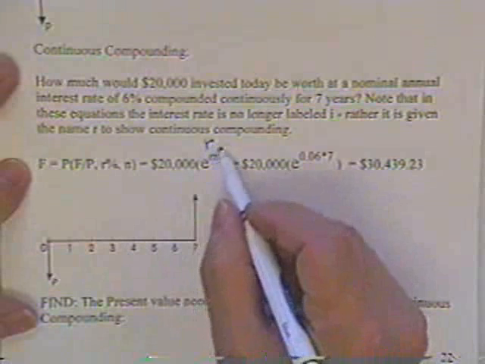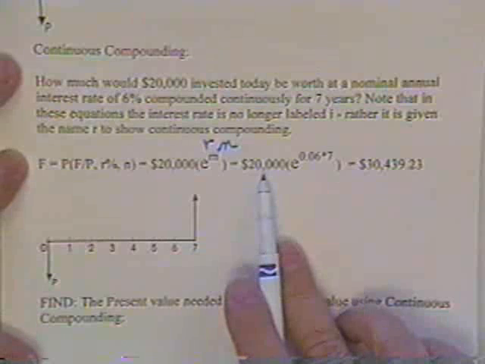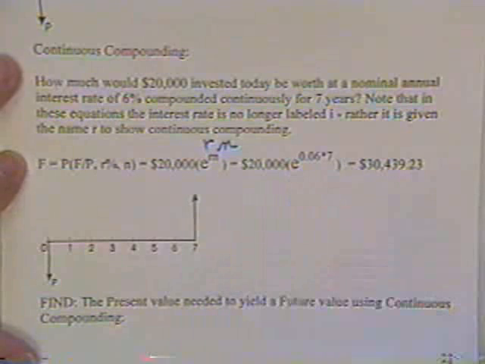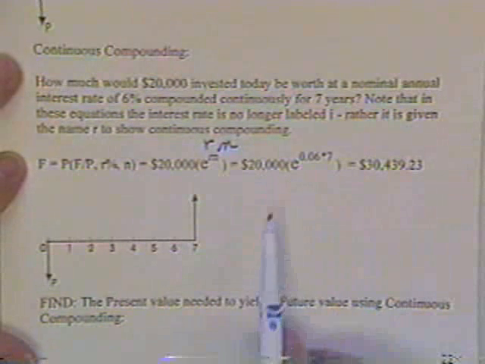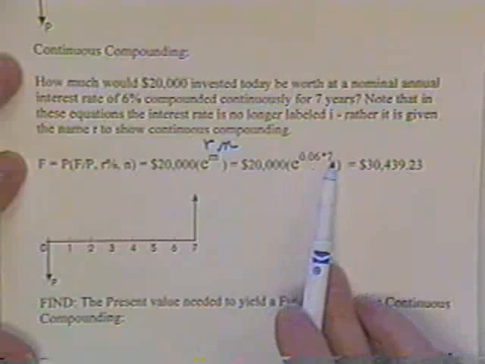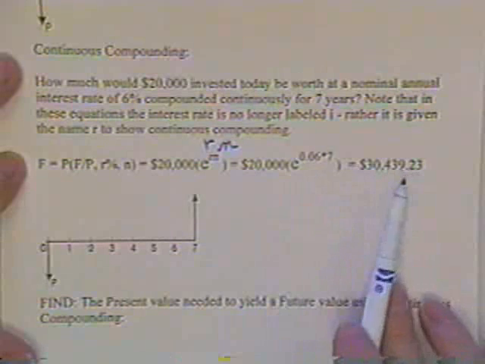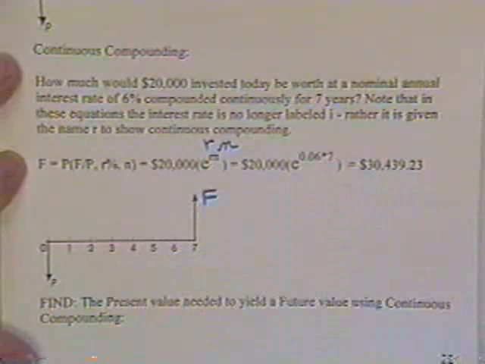R is the rate, and N is the number of years, and therefore you get back from the bank $20,000 times that e value times, what was that e? 2.7 something, don't remember, don't see it. Whatever e is, kick it on your calculator, raised to the 0.06 times 7, and that gives you $30,439 as how much this is worth in the future.